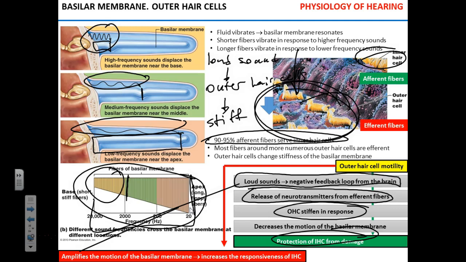When you first step in, you're deafened by experience, right? But if you stay there for a while, you're okay. The only problem is that your sensitivity decreases so much when you step out. You cannot hear anything because your ears are not sensitive anymore. Those hair cells stiffened.